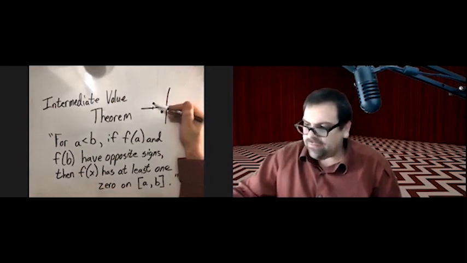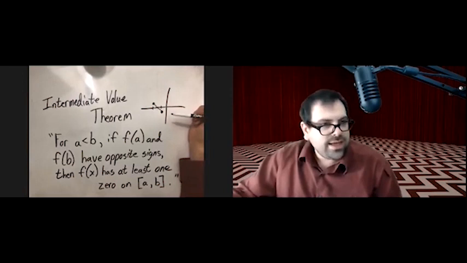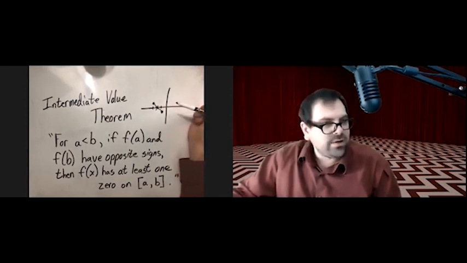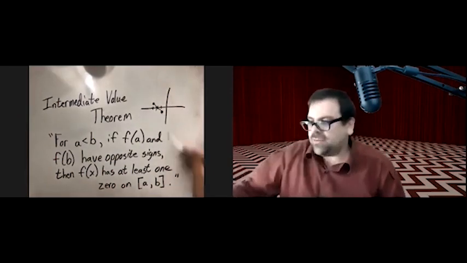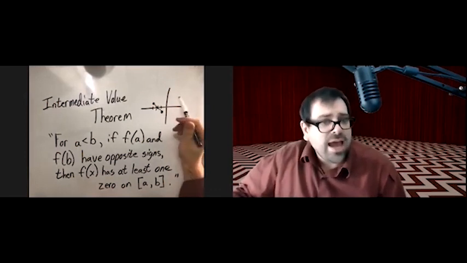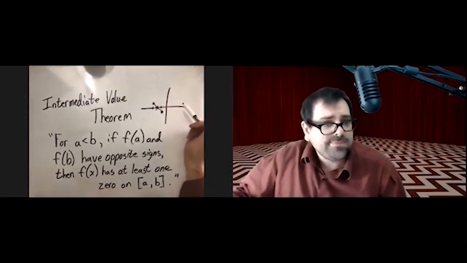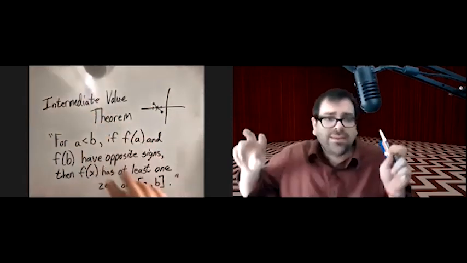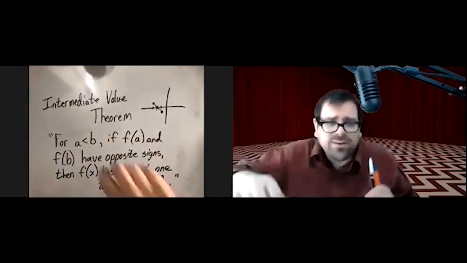That means to get from a to b, we have to cross the x-axis. That means there's at least one zero in between a and b. That's all this theorem's saying. This theorem's saying if we have to cross the x-axis, then we have to cross the x-axis. Let's do a problem with the intermediate value theorem.